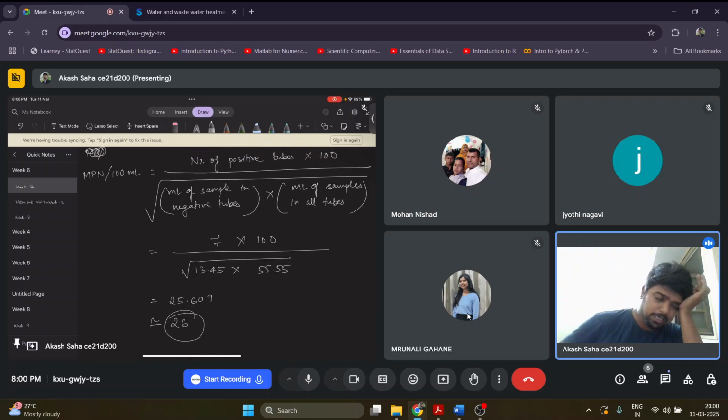And one more thing, Jyoti, about why you have to go till the confirmatory test: this presumptive test can sometimes give a false positive due to certain kinds of bacteria also.